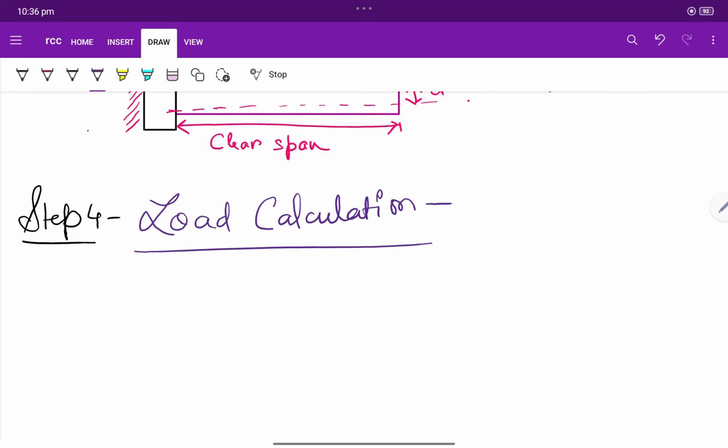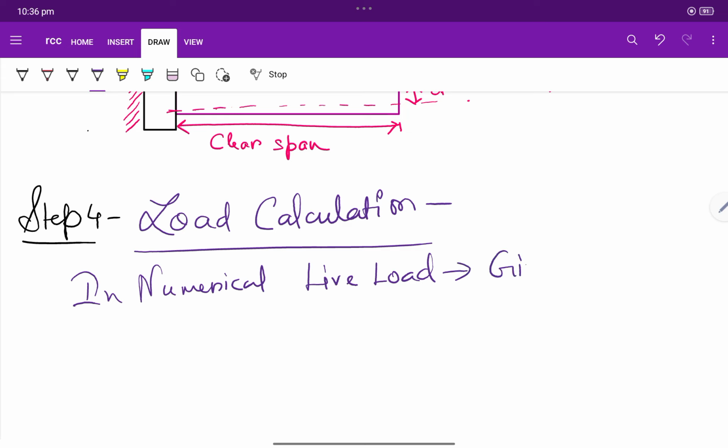In the numerical problem, the live load will be given. Live load or superimposed load, anything can be given, in kilonewton per meter square.